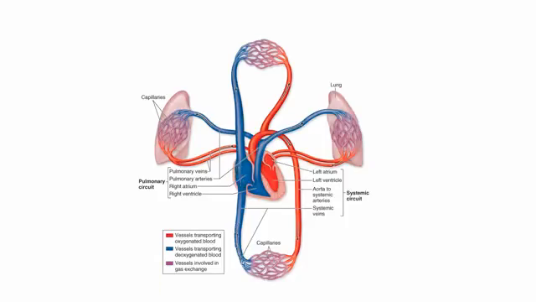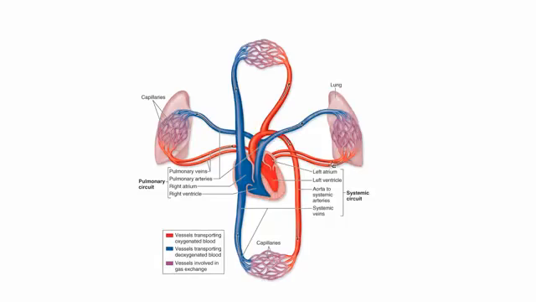This is blood that has been used up, depleted of oxygen. So deoxygenated blood enters into the right atrium, the atrium contracts, sends blood into the right ventricle, and the right ventricle shoots blood out here and sends it to both lungs to receive oxygen again, and the process continues.